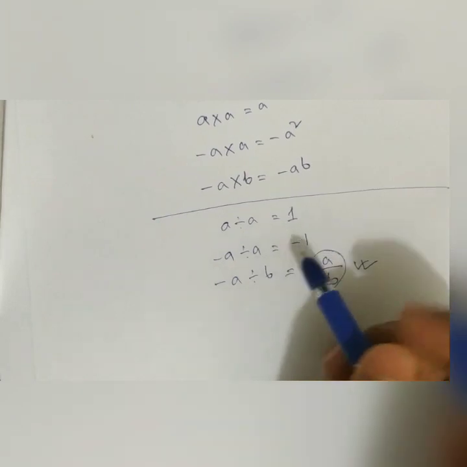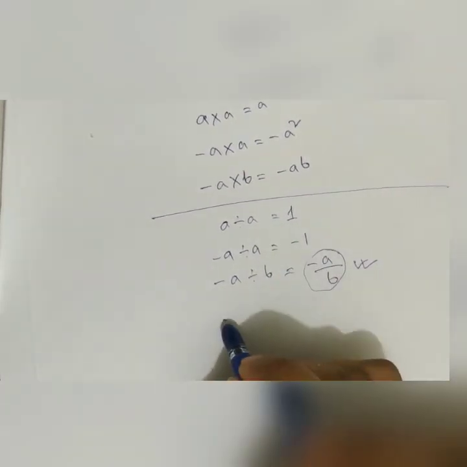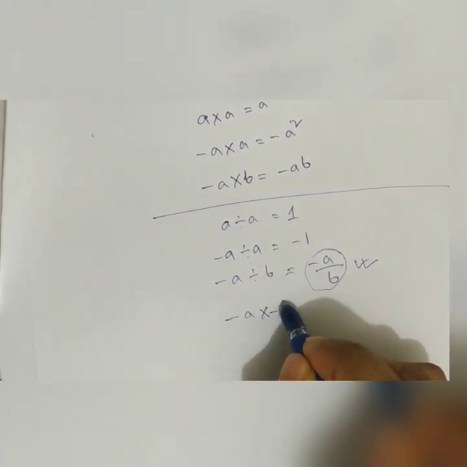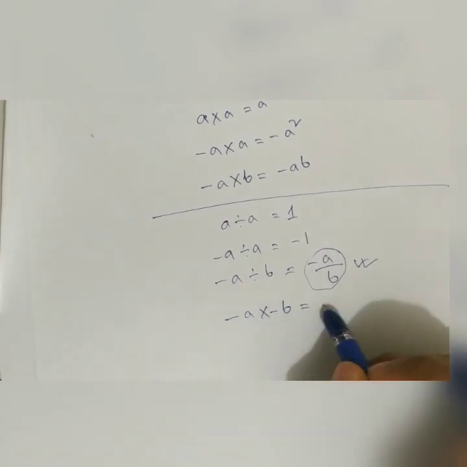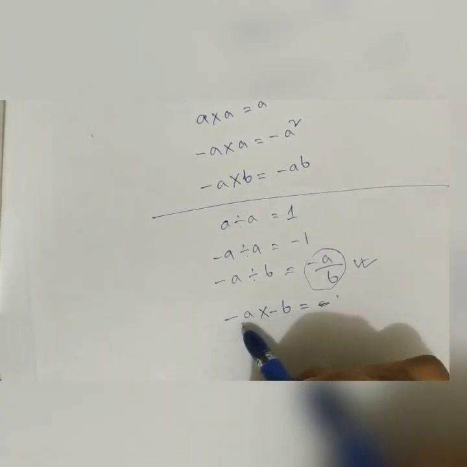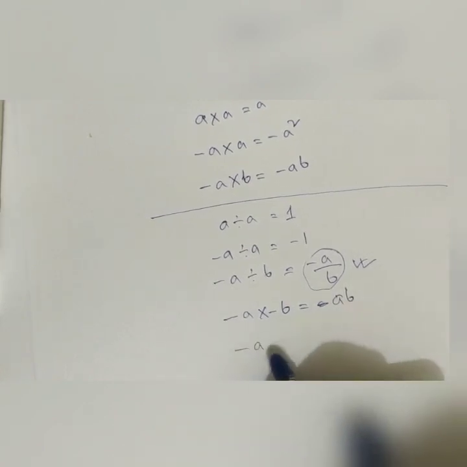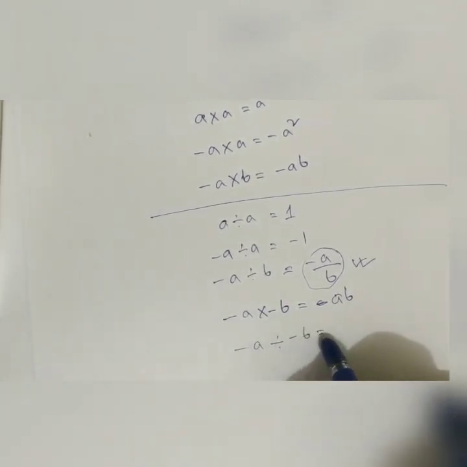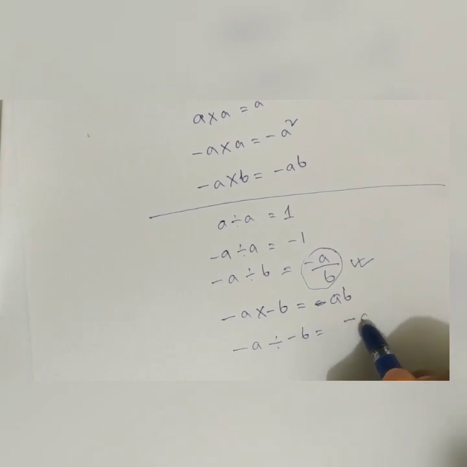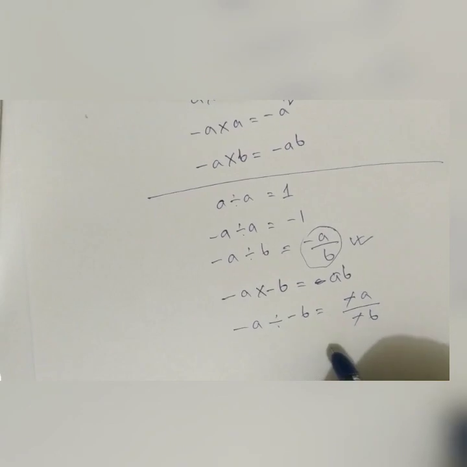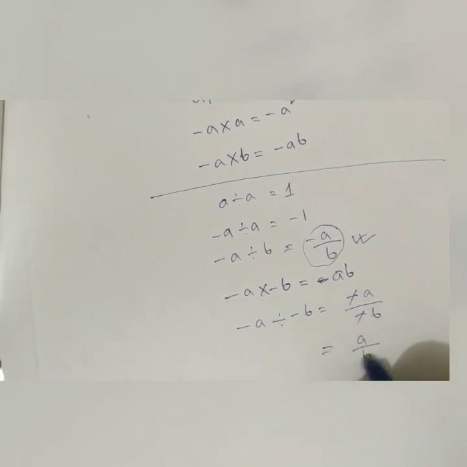If there is an even number of negative signs, suppose in this case minus a into minus b, we multiplied, so we got ab. If we divide minus a by minus b, it will be minus a by minus b. Minus minus gets cancelled, so we get a by b.